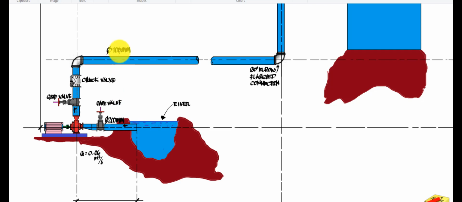So we have 2 velocities here now, so we have 2 corresponding types of head minor losses for this one and for this one. Now let's use first to compute the head loss at the suction.